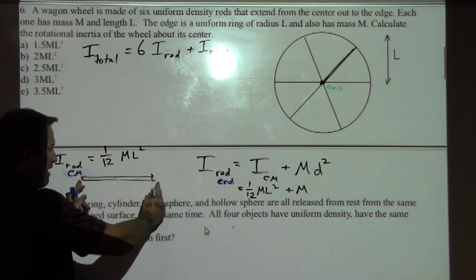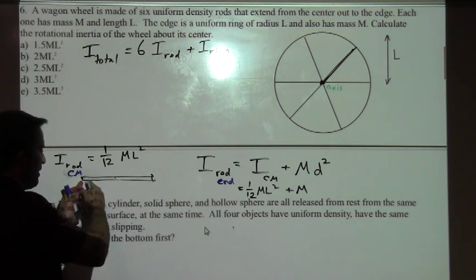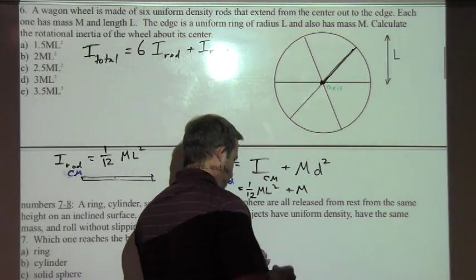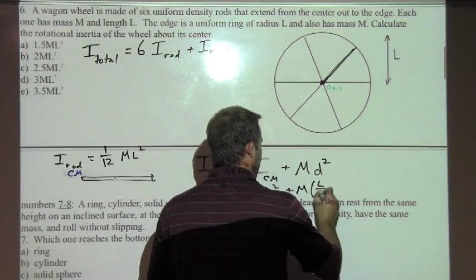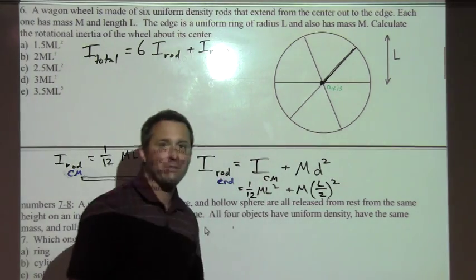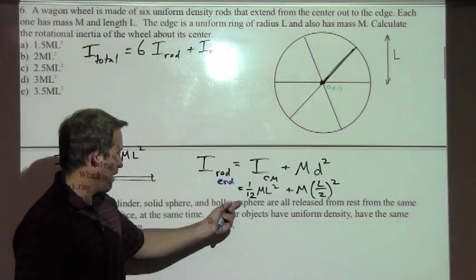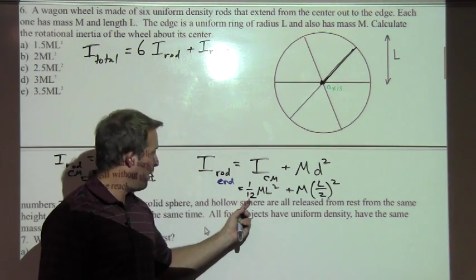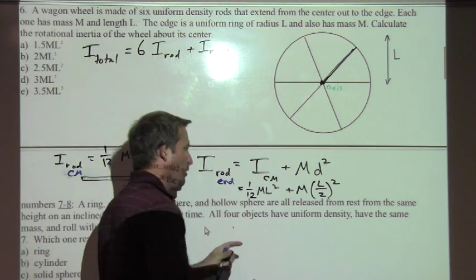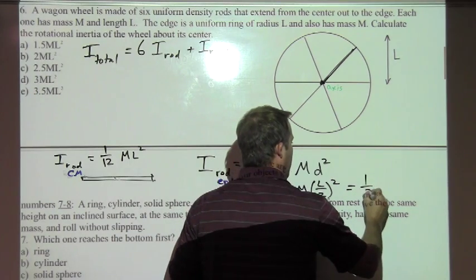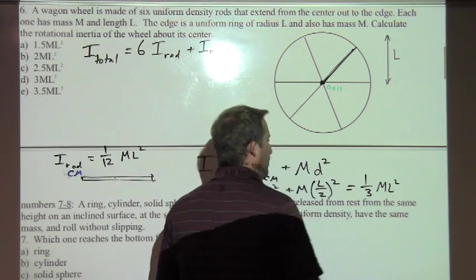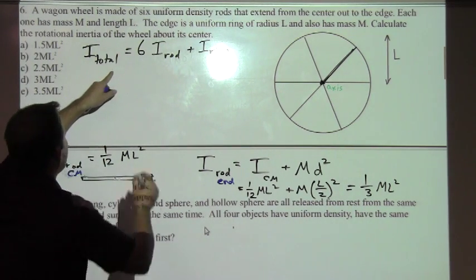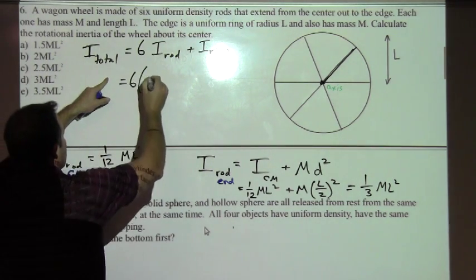Now the whole rod is length L, and so when I shift my axis from here to here, that distance is L/2. And we have to be a little careful that that is squared. Anyway, let's see what I've got here. 1/4 ml squared plus 1/12 ml squared is 1/3. This all adds up to 1/3 ml squared. And so I can just now substitute that in for each one of these.